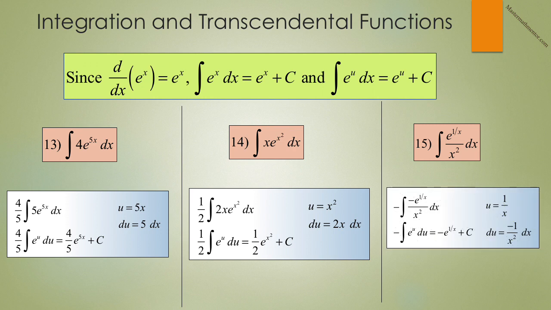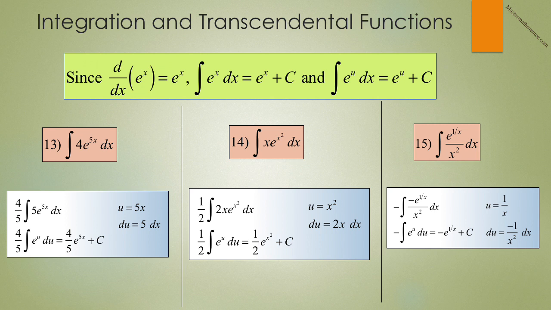15 reads the integral of e to the 1 over x divided by x squared dx. In this case, we will let u equal 1 over x, and du is negative 1 over x squared dx. We are just missing the negative 1, so we'll put a negative to the inside and a negative to the outside, getting negative integral of negative e to the 1 over x over x squared dx.